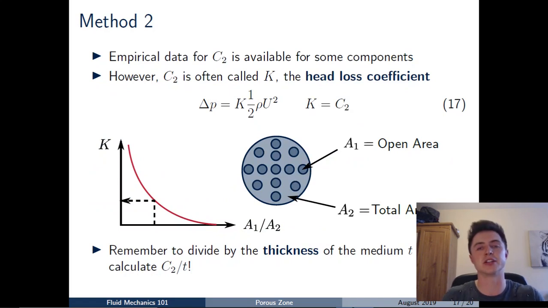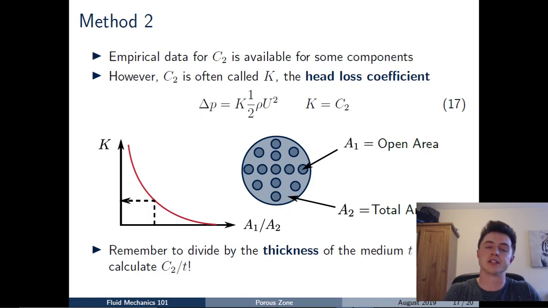Now, the second method of calculating the coefficients is to use data from textbooks. In some textbooks, there is empirical data available for a variety of components, and one such component which you'll often see is a porous plate or a porous disc.